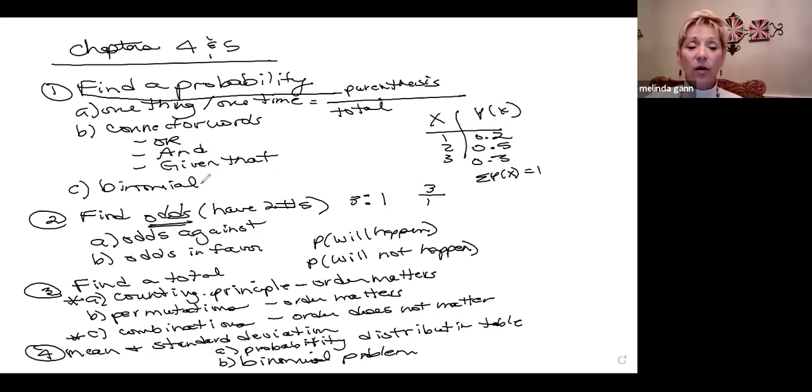And on binomial, there are 2 things on your calculator. Let's make sure we're clear. There's a binomial PDF key, and there's a binomial CDF key. You got to make sure you know when to use which one. The P key is when X is one number, just a 3, just a 25.